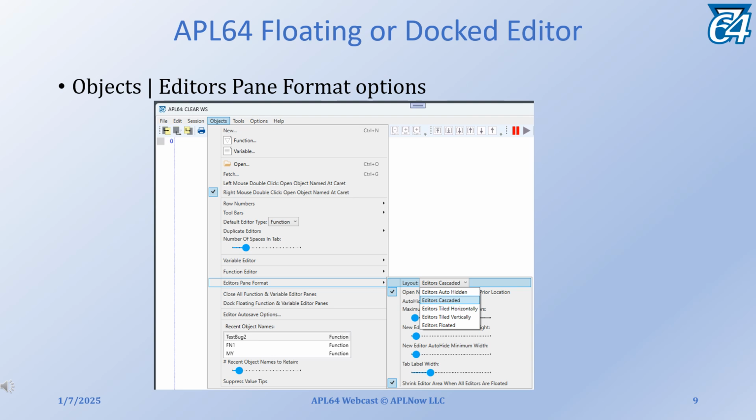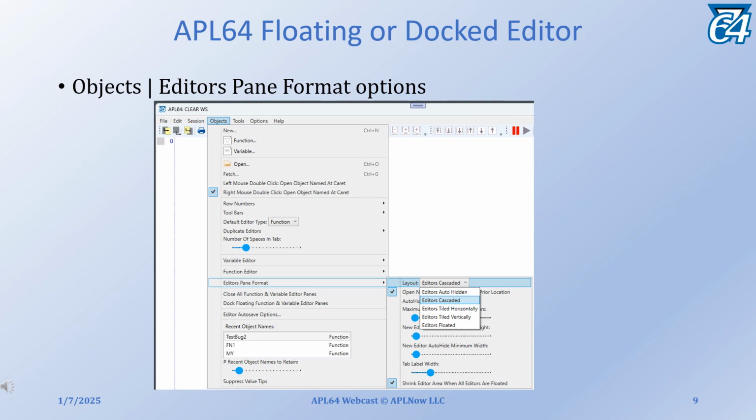Use the Objects Editors pane Format menu item to select the layout of editor panes when they are created. Newly created editors docked in the main window of the APL64 developer version may be auto-hidden, cascaded, tiled horizontally, or tiled vertically when they are created. Newly created editors may be independently floated when they are created.